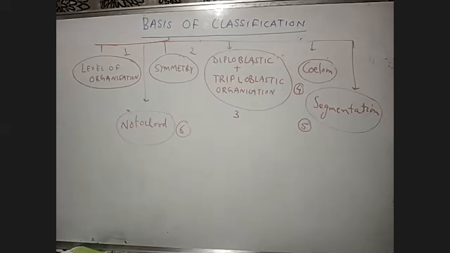Now, some of the animals are made up of only one cell. They are called unicellular organisms. And some of the animals are made up of many cells. They are the multicellular animals, right?